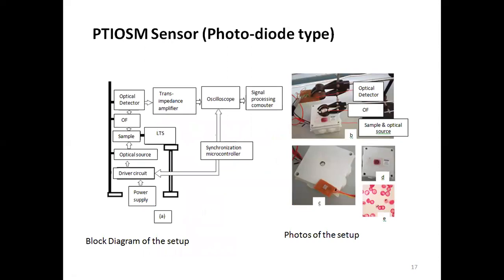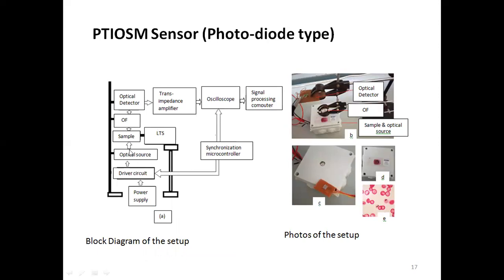Now, from that general schematic diagram, we developed 3 different types of prototypes. One was the photodiode type, where the optical detector used was a photodiode, and the light source was a light emitting diode emitting 3 distinct wavelengths, red, green, and blue.